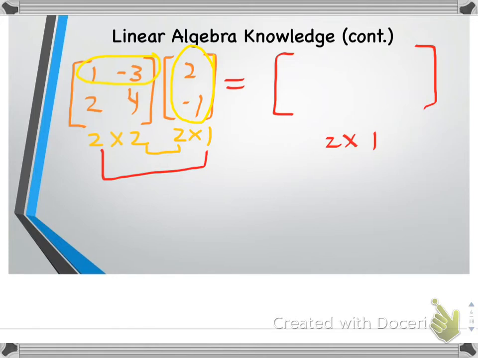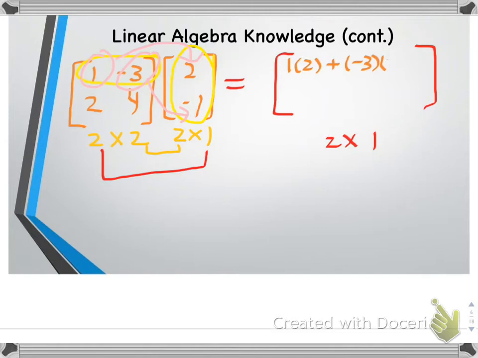What I mean is, once you know which row and which column you're looking at, you take this entry here and multiply it by 2, and take this entry here and multiply it by 1, and you add up their sums. So for our first row, it's going to be 1 times 2 plus -3 times -1.